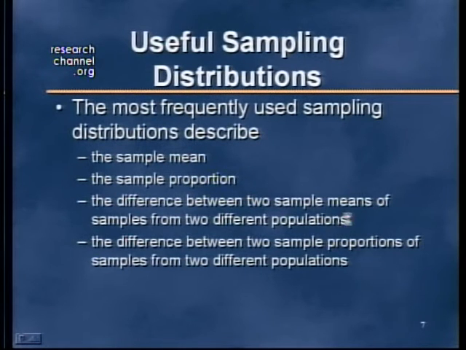And often this is expanded then if we have two populations and we've taken a sample from each, we may be interested in the difference between two sample means or the difference between two sample proportions. We'll be explaining each of those in turn, but these are the four scenarios.